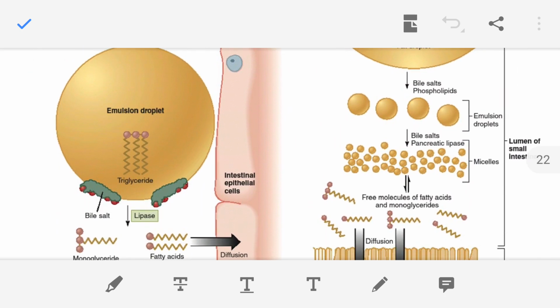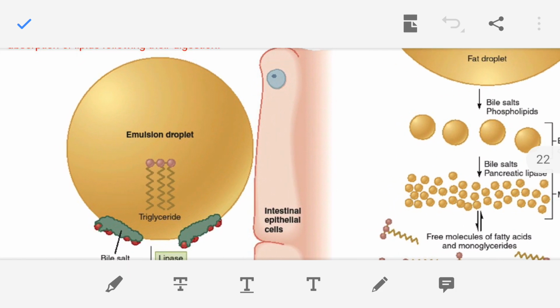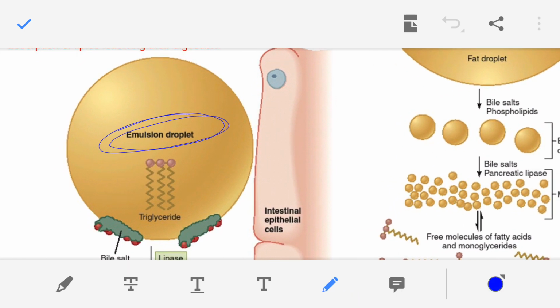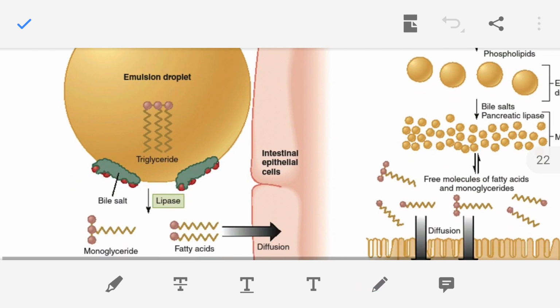So here you see, this one is the emulsion droplet. This is lipid, and in the lipid structure, triglyceride is present.